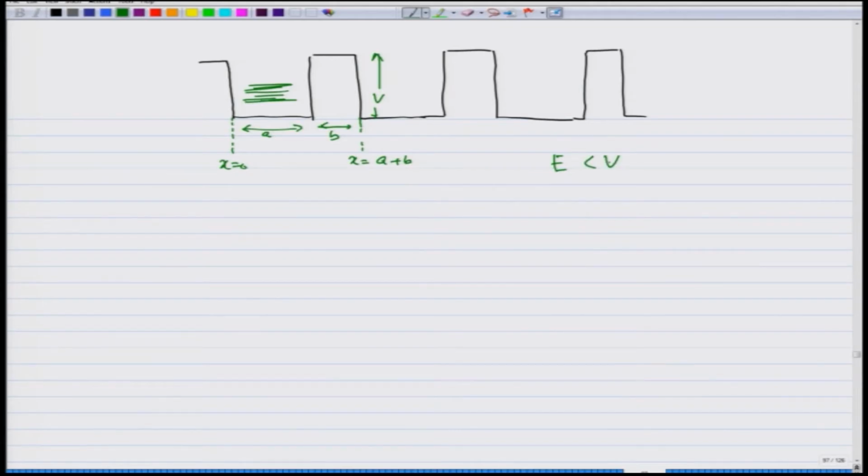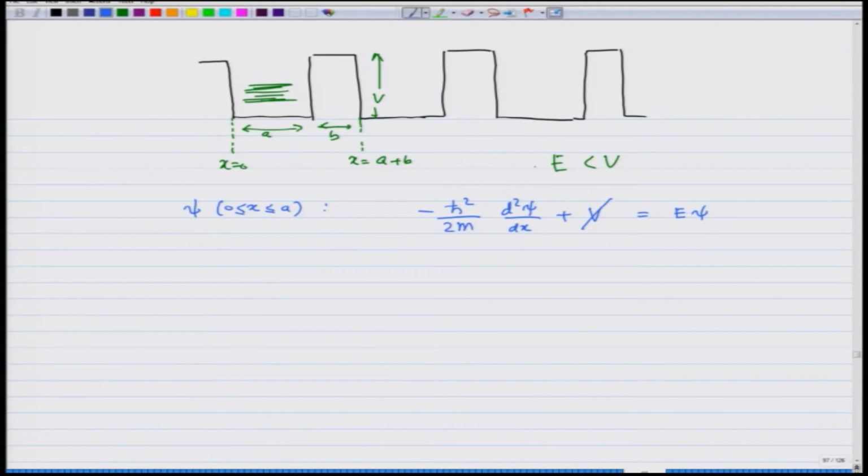If E is greater than V, you can again write the same condition, but right now I am just taking one particular example. So, now wave function psi for x between 0 and a is determined by the Schrodinger equation minus h cross square over 2m d2 psi over dx square plus V, which is 0, is equal to E psi.